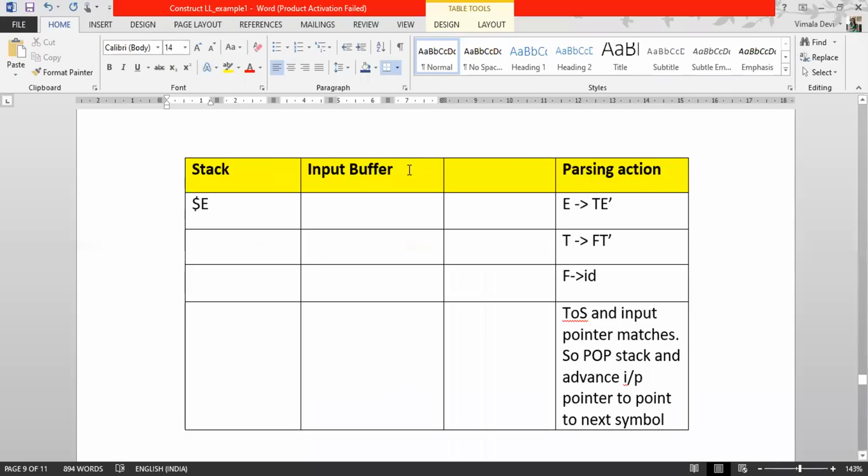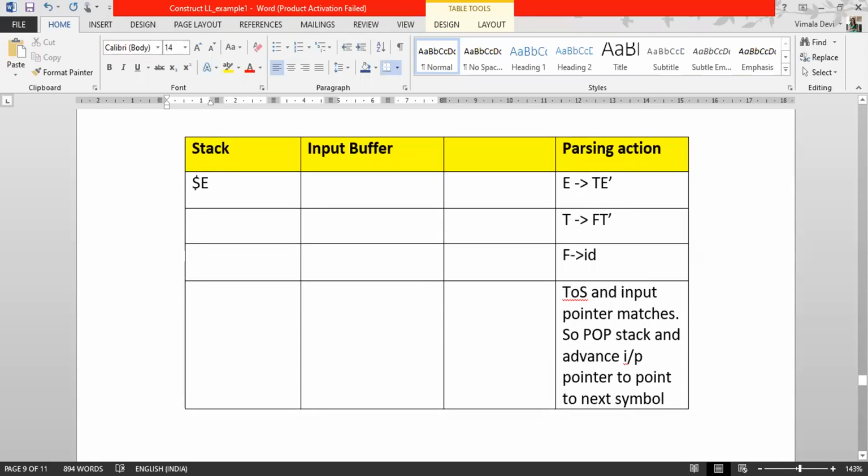The second column mentions the contents of the input tape or the input buffer. And the third column is the parsing action. Please, all of you, note this down. When I explain the steps, you also continue to do it in your notebook so that it will be easy for you.